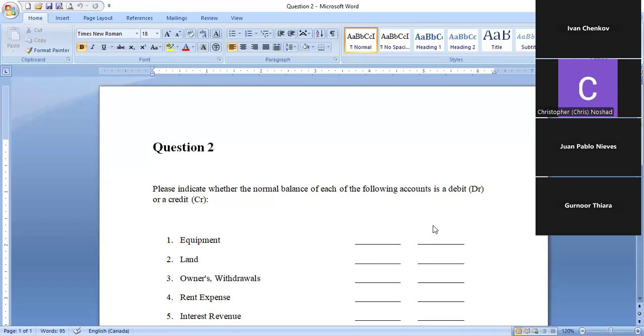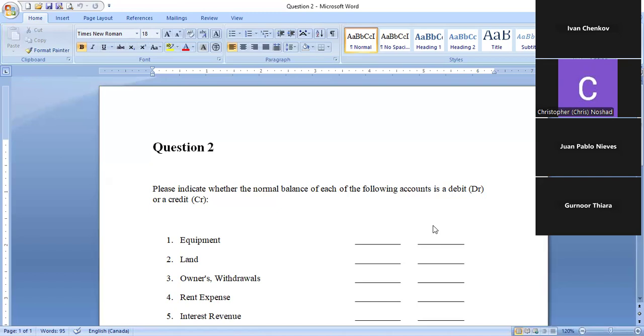A rent expense. What kind of account is that first? Expense account, yes. Normal balance. That one reduces the owner's capital. Debit, yes. No questions. One thing I want to make clear: expenses, always debit, no questions about it.